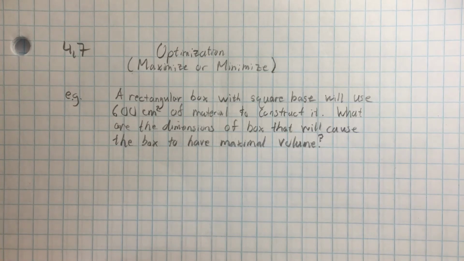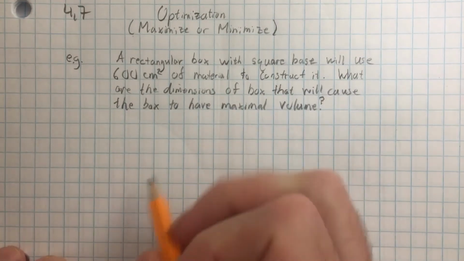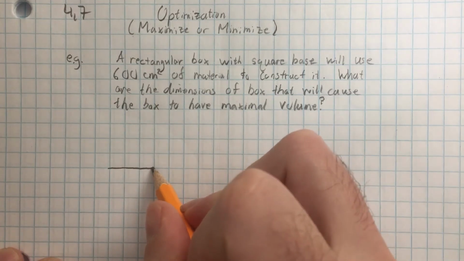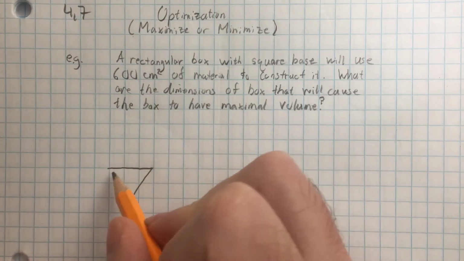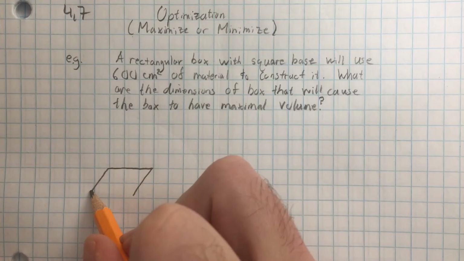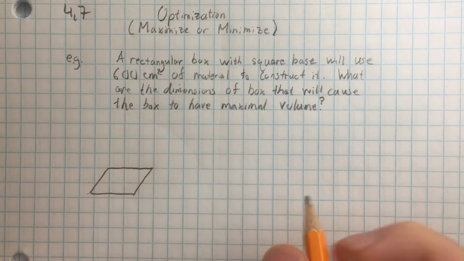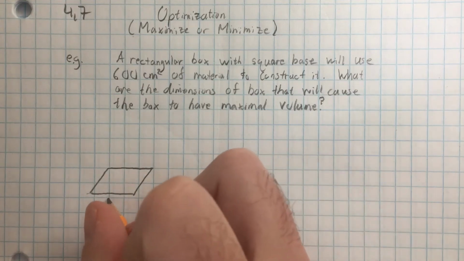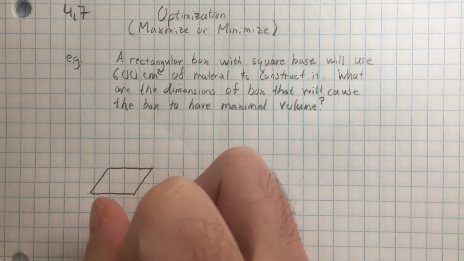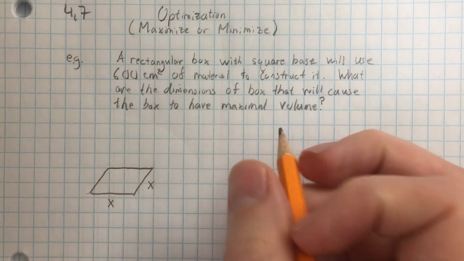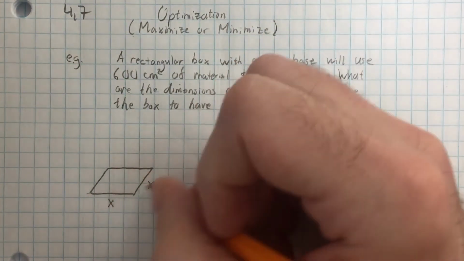That you have a box, maybe something like this. There's approximately a square base. So if it's a square base, that means both the length and the width would be the same value. So I don't need to introduce an x and a y here, right?